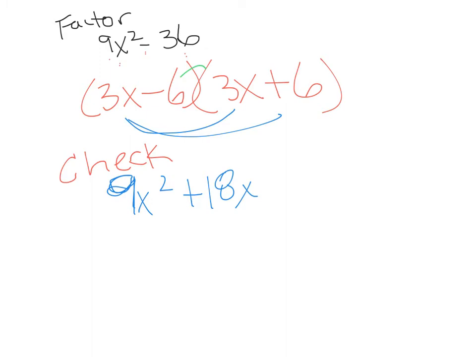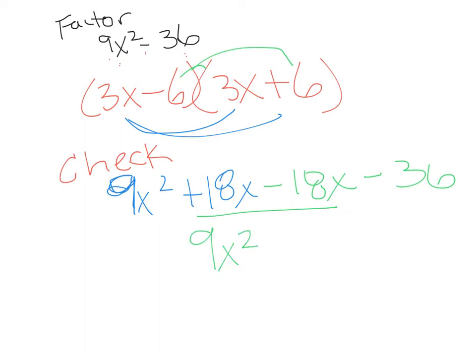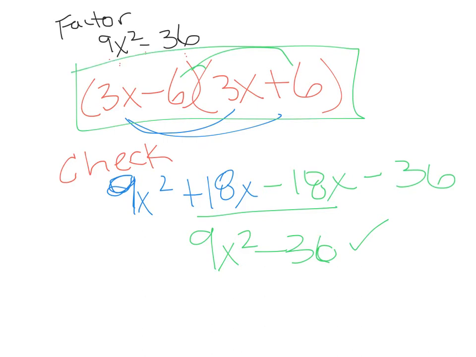Negative 6 times 3x is going to give you a minus 18x. And that's right there why the difference of squares works, because these two terms are going to cancel out. And you'll just be left with the 9x squared minus 36. So this is how you check, but this is your answer.